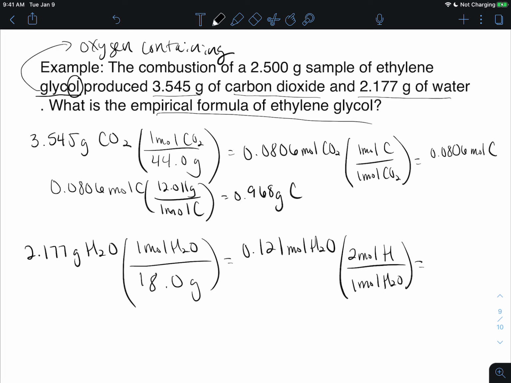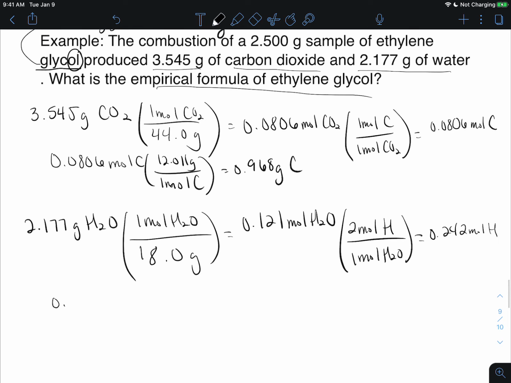So multiply this by 2, and we get 0.242 moles of hydrogen. And then we want to convert that into grams of hydrogen using our molar mass of atomic hydrogen. And we get 0.244 grams of hydrogen.